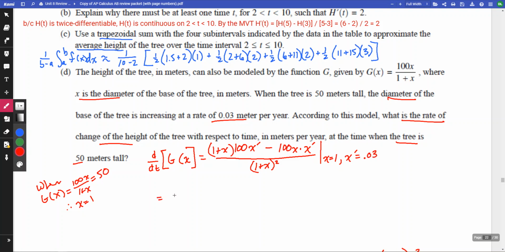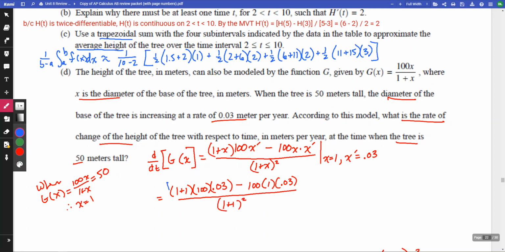So our solution is going to be 1 plus 1 times 100 times 0.03 minus 100 times 1 times 0.03, all over 1 plus 1 squared.